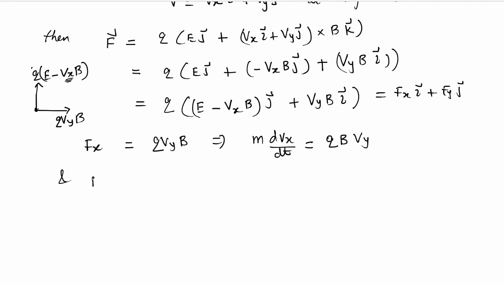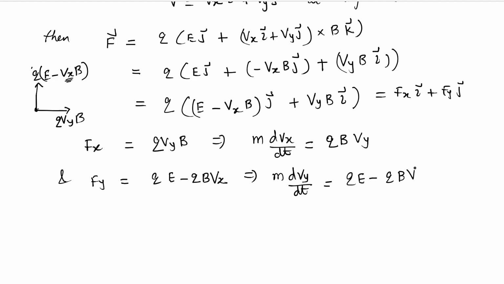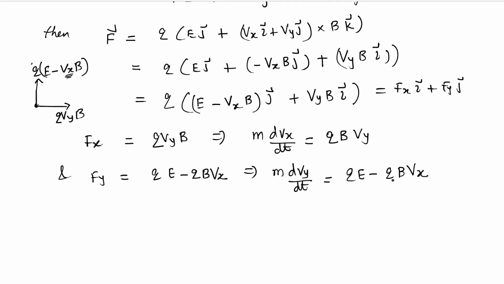And Fy is qE minus qB Vx, and m dVy by dt is equal to qE minus qB Vx, right?